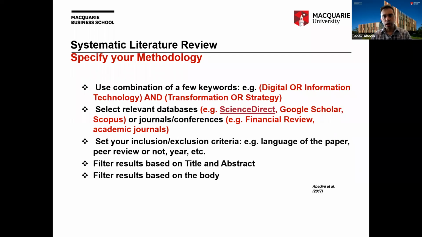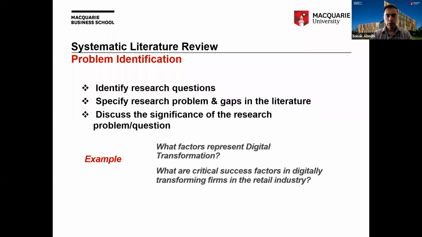Next is think about what keywords you want to use. When you look at my research question, what are the important terms here? The important term is digital. Another term that's important is transformation. This term is not important in my search. Factor is not important. You don't need to include factors because factors need to be extracted from the papers that you find.